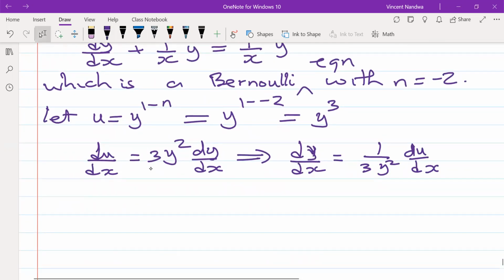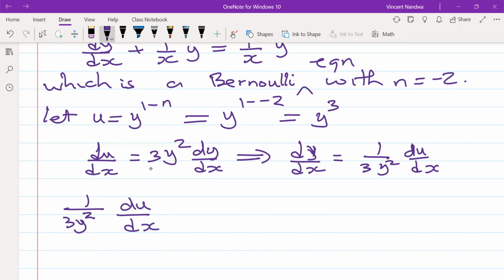So replacing this in the equation, we have 1 over 3 y squared du dx plus 1 over x y equals to 1 over x y power minus 2.